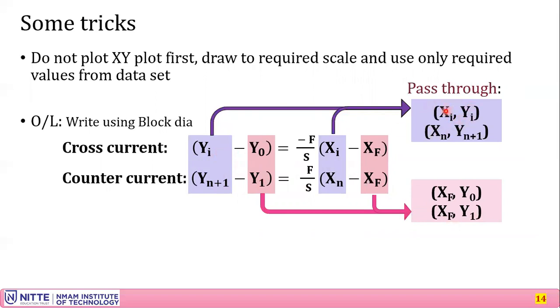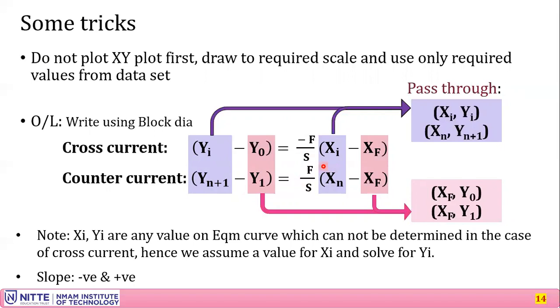This xi yi and xf y naught gives you the operating line for cross current operation, and here this particular point and the second point here, xf y1, gives the operating line data for counter current operation. And note that this is negative in slope and this is positive in slope.